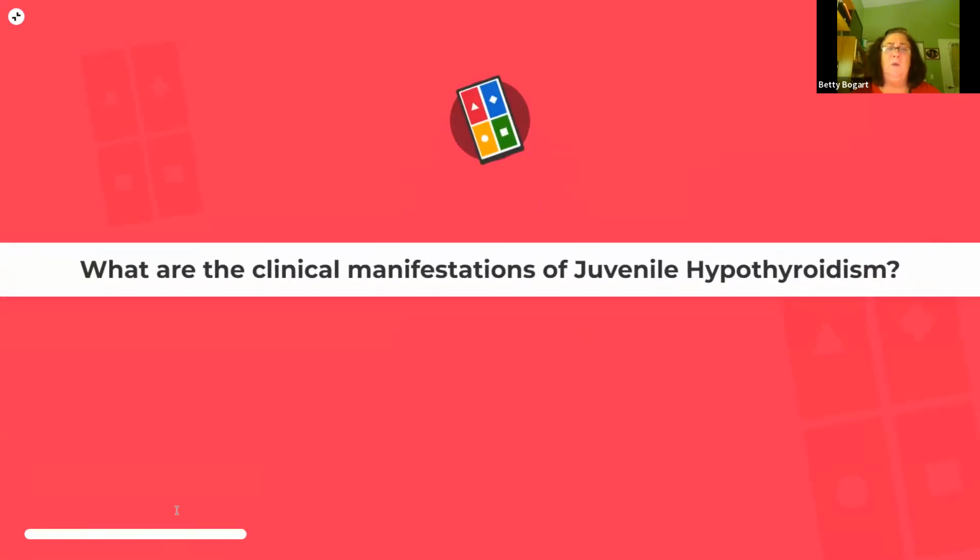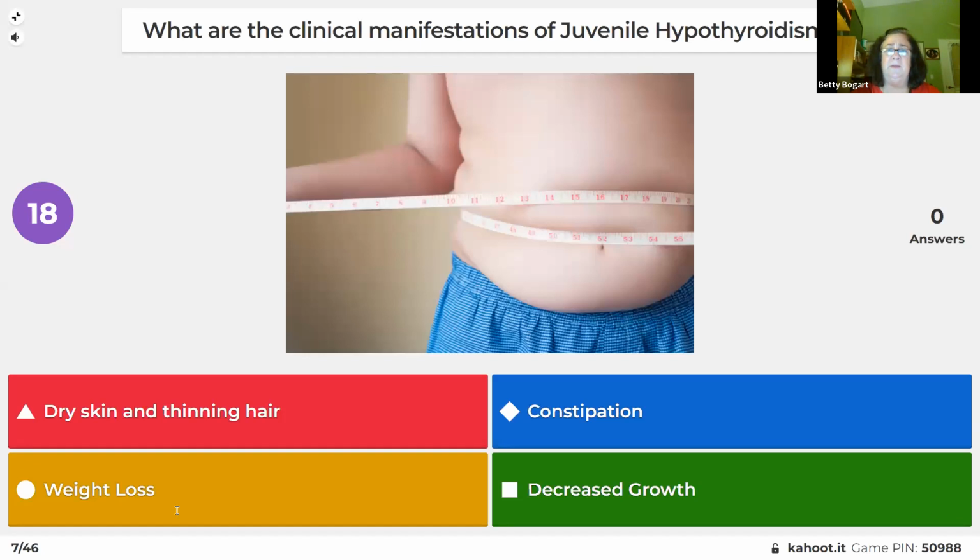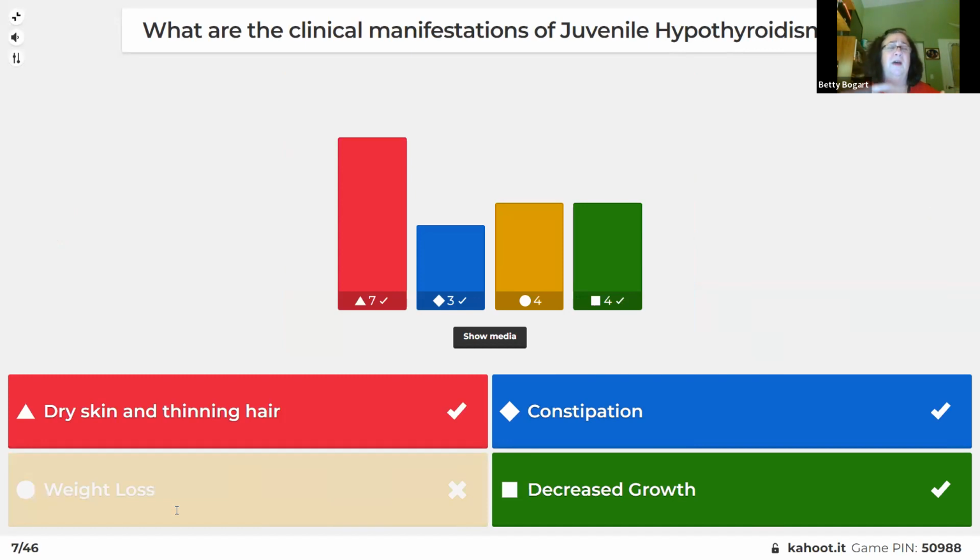Multi-select. What are the clinical manifestations of juvenile hypothyroidism? Now, hypothyroidism, adult or children, very similar, almost the same. The only thing with children is that we know that these children do grow, right? And we also know hypothyroidism at birth can decrease cognition, and your child will not be up and meeting all those developmental levels.